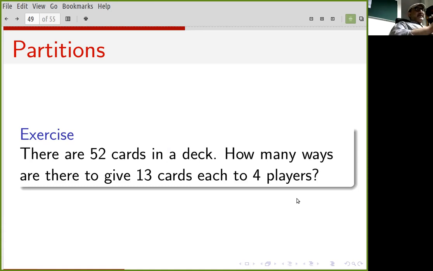So what we're doing is partitioning 52 cards into 4 cells, 4 players holding them, and the order in which a player holds their cards doesn't matter.